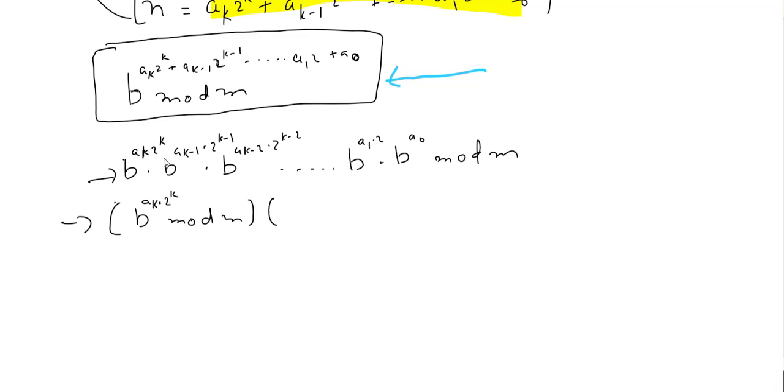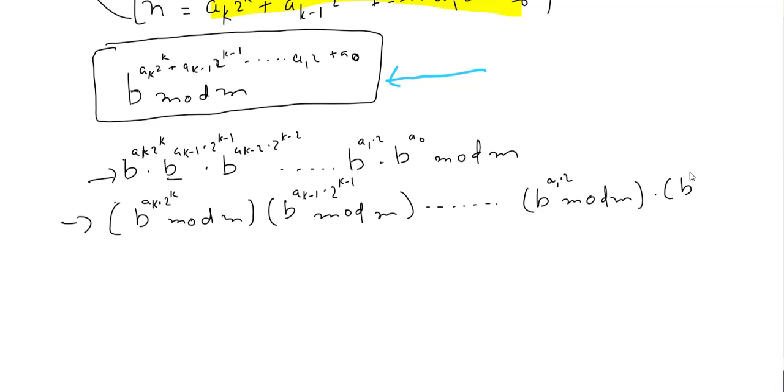This will be multiplied by the second term here, which is b with the power of a_(k-1) times 2 raised to the power k minus 1 mod m, so on to b raised to the power a1 times 2 mod m, times b raised to the power a0 mod m.